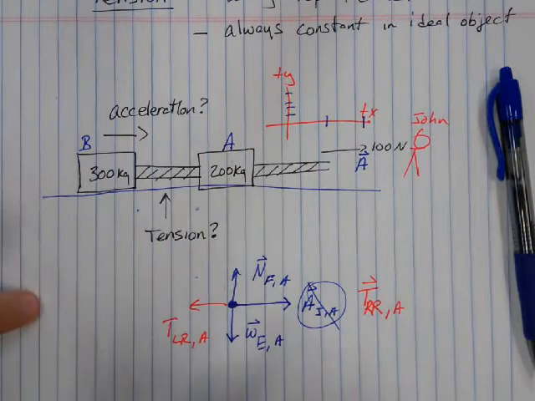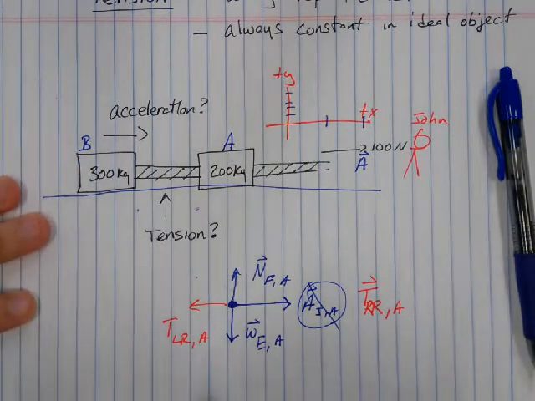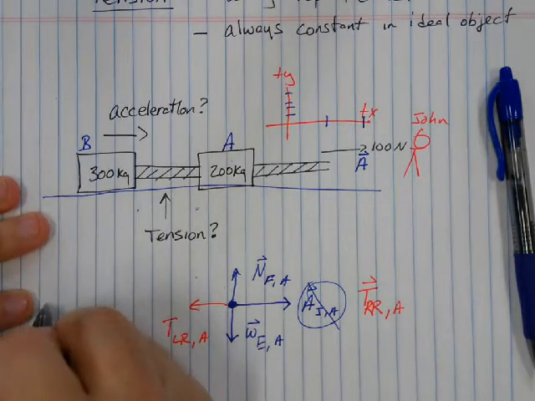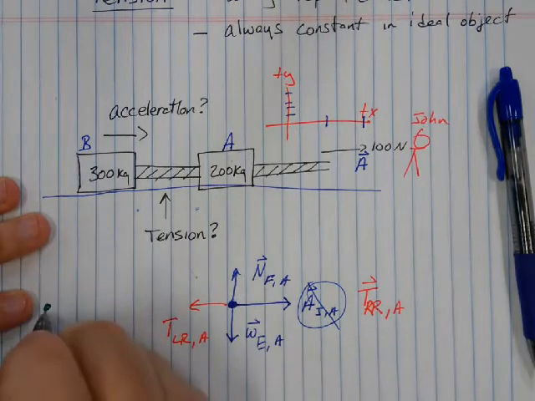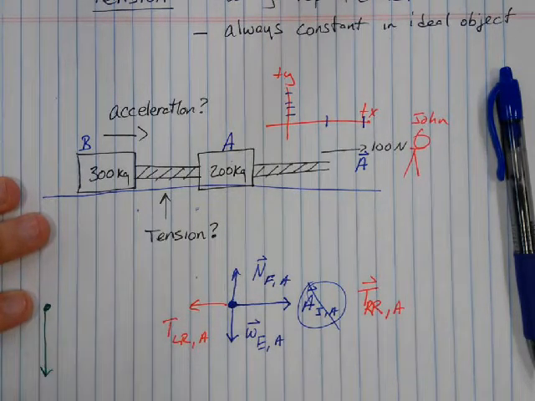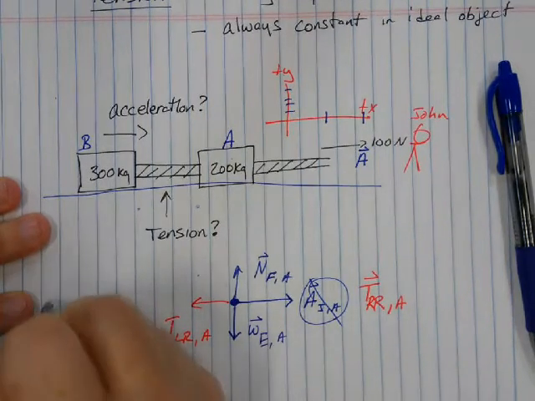But now we can draw the diagram for B. I'll draw it over here. Now these weight and normal forces should be a little bit larger because it's a bigger block. But they should be there.